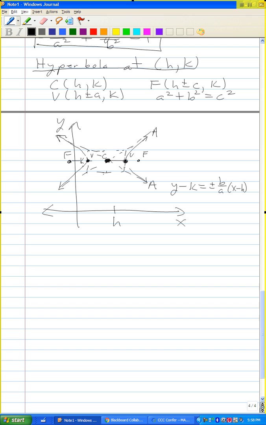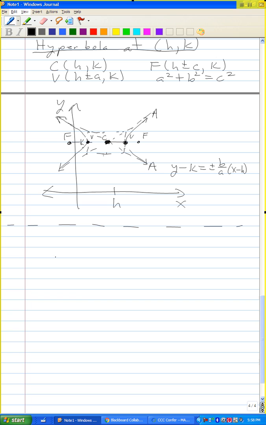Similarly, let's do the other one. Suppose the center is at (h, k). The vertices are at (h, k plus or minus b).